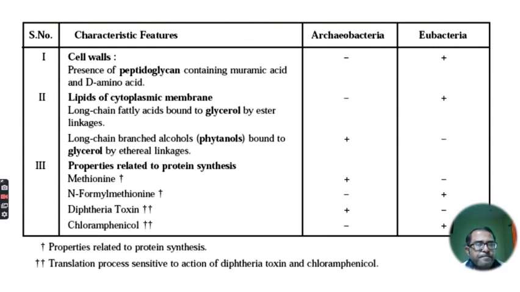The plasma membrane of Archaebacteria contains long chained branched alcohols bound to the glycerol by an ether linkage, which is present in Archaebacteria, but absent in Eubacteria.